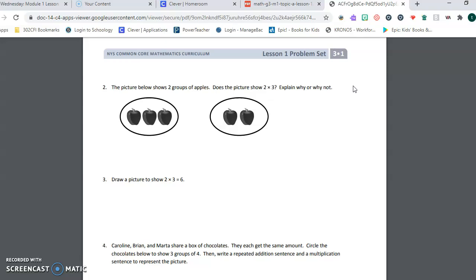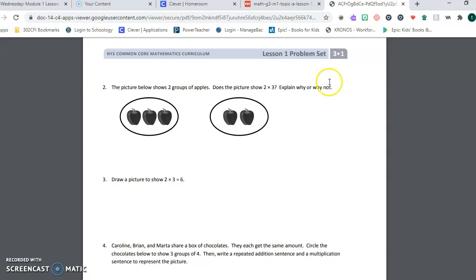So oftentimes a picture is another good way to explain yourself, or even using equations would be a good way. Equations is just another word for a number sentence, if you've heard of that before. But in third grade we often try to use the word equation. We will say number sentence from time to time because you'll find that in the work that you're going to be doing.